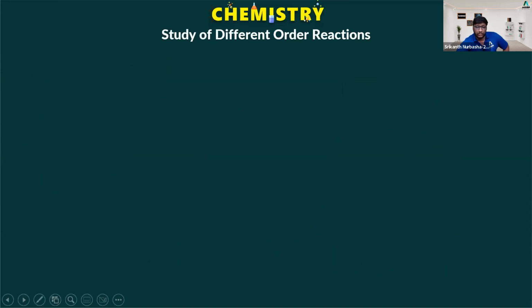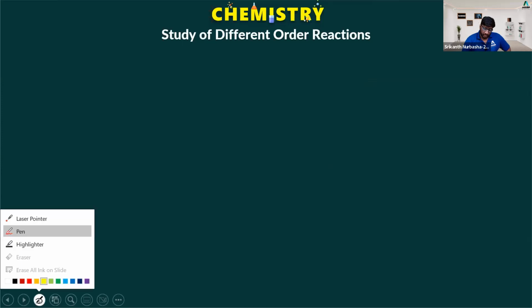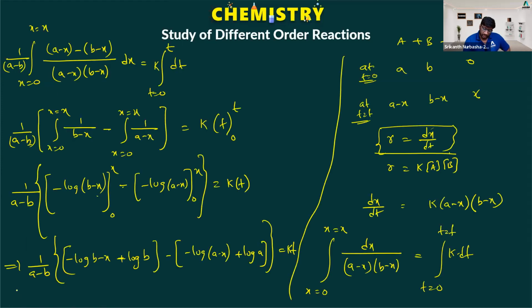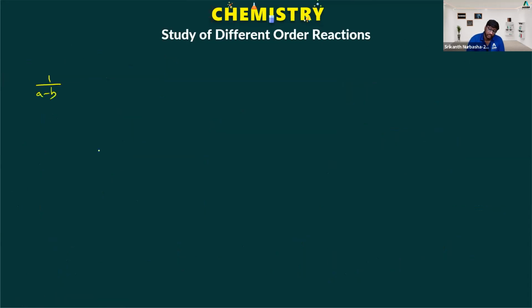So k into, like 1 by a minus b into log b by b minus x minus log a by a minus x, you will get. Log b by b minus x minus log a by a minus x, that is equal to k into t.